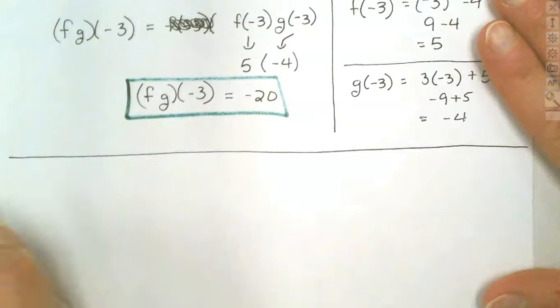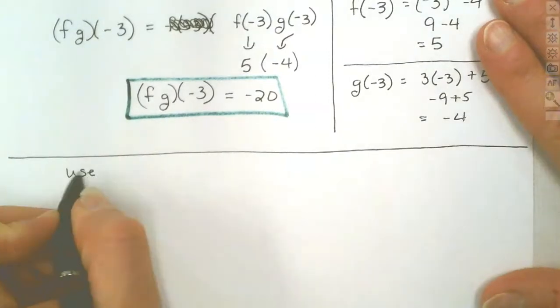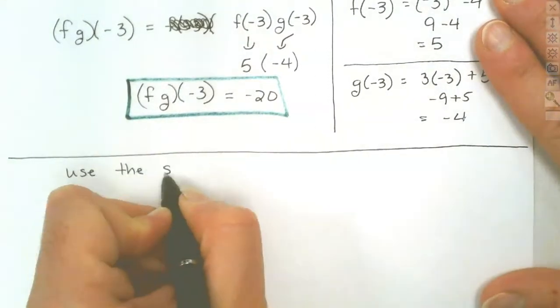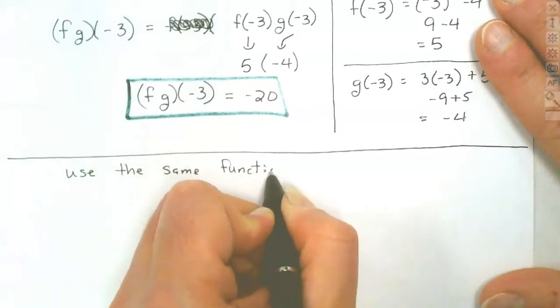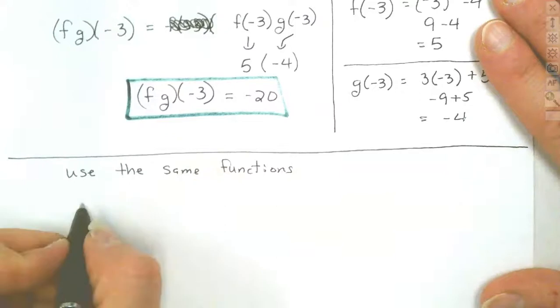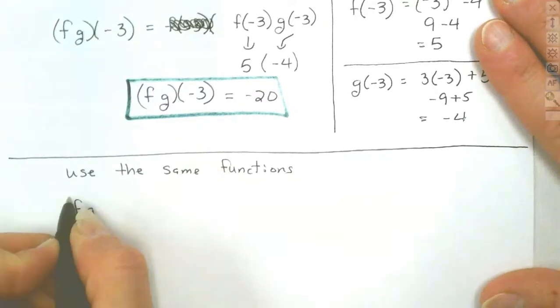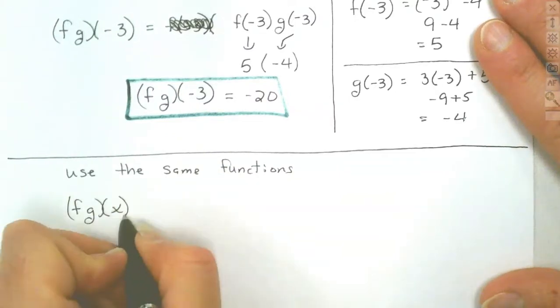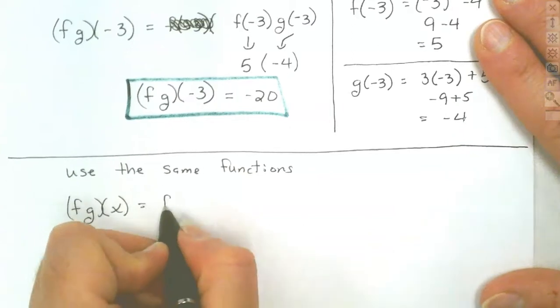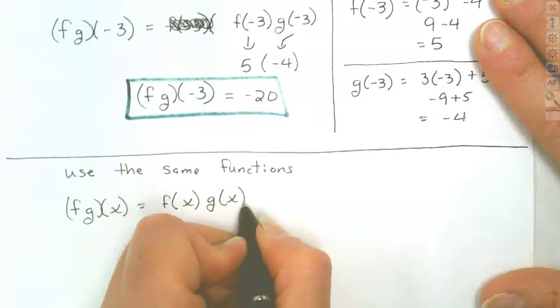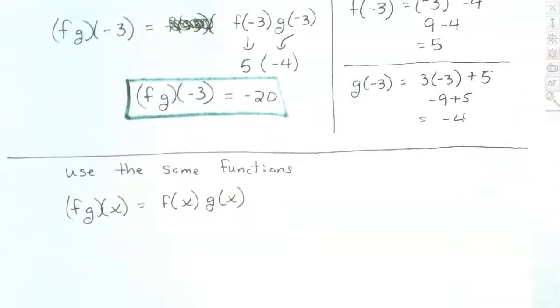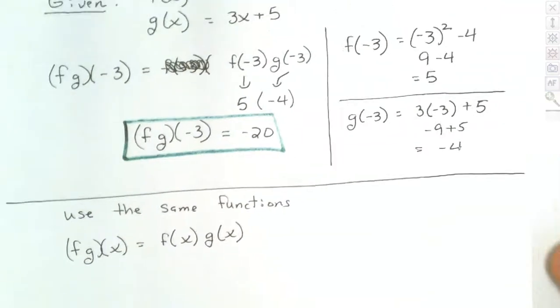So let's do one more. Let's use the same functions again. And let's find f times g of x in this case. Which that is then rewriting f of x times g of x. This one's a little bit more complicated because we're going to have to FOIL.